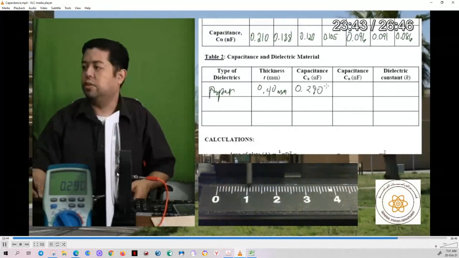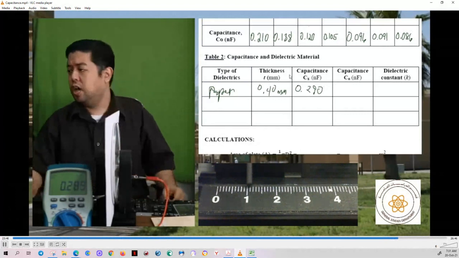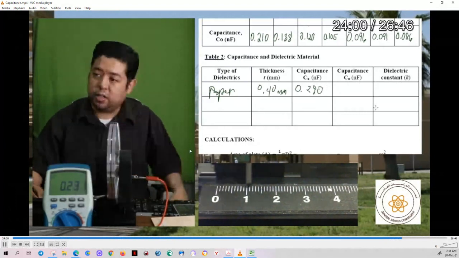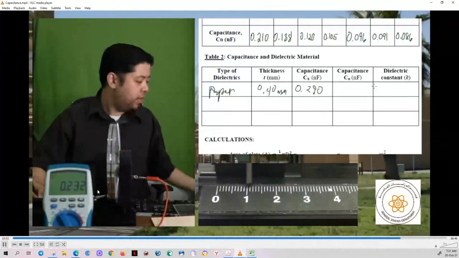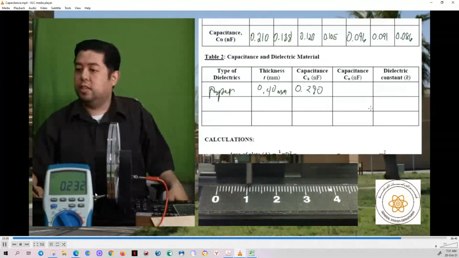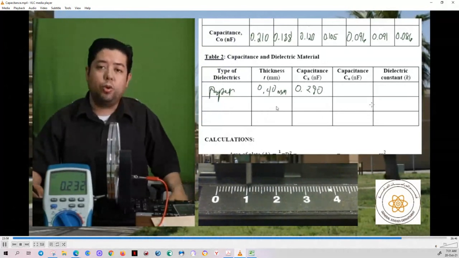Let's move forward. So here's the capacitance. There you go. When I remove the paper, the capacitance will decrease. So you will record the value here.